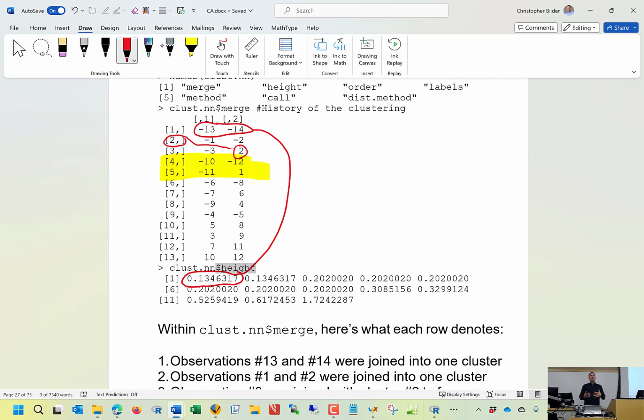Well, when we actually show it on one of these hierarchical tree diagrams, how high the joinings are shown corresponds to distance. And so for some reason, height is used rather than distance as the name of the component. So notice also between observation 1 and 2, it happens to have exactly the same distance.